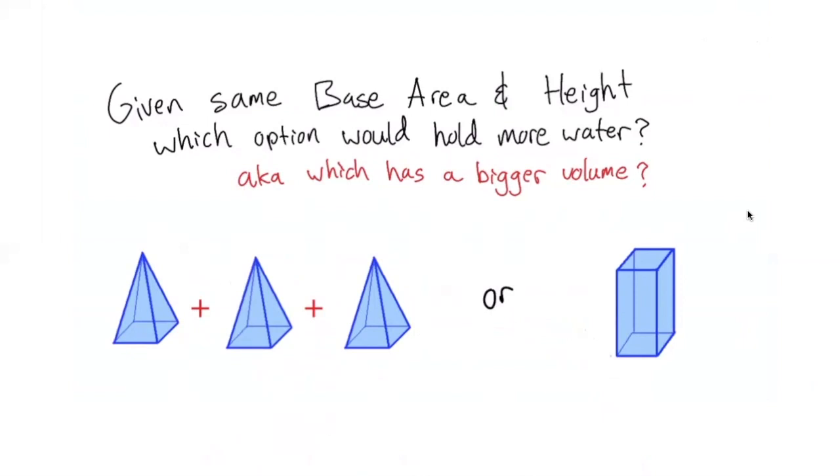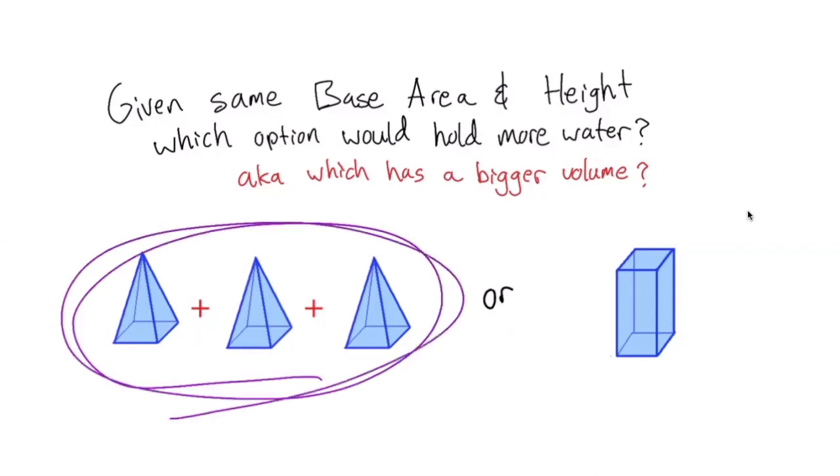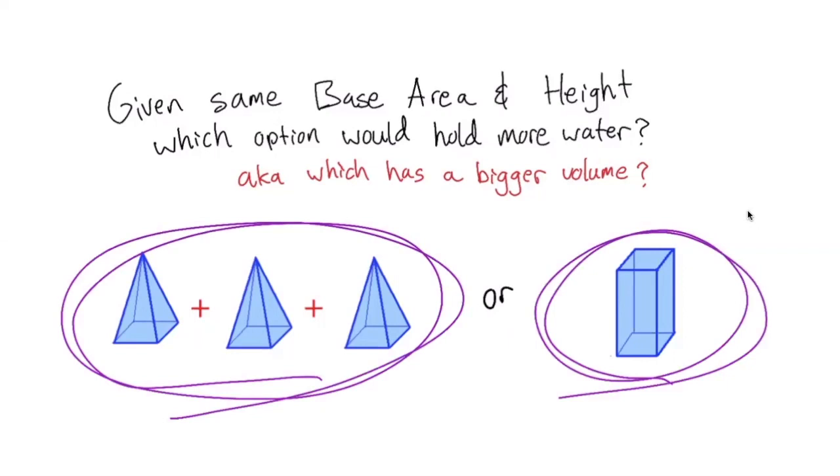So the question is, which one is bigger? If I took these three pyramids or just this one prism, assuming they have the same base area and same height, which one will have a bigger volume?